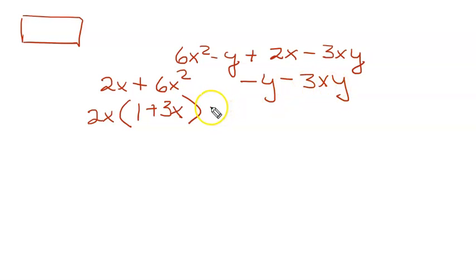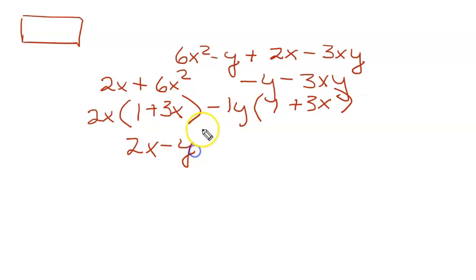But if I take out a negative 1y, remember we're not going to write that 1 later, then this becomes a 1 here plus 3x. So now we have a common binomial factor, and we could write that first, or we could write the 2x minus y. Again, in the final answer, you don't put the 1 there. And then the 1 plus 3x, factoring that first one by grouping.